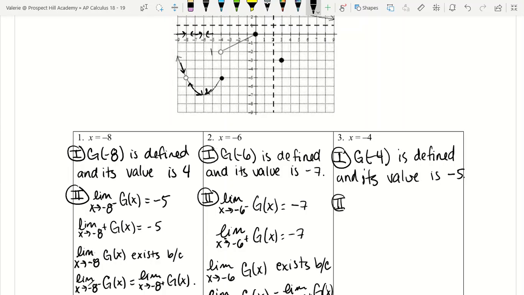Number 2, the limit as x approaches negative 4 from the left of g of x is equal to negative 5. The limit as x approaches negative 4 from the right of g of x is equal to negative 2.